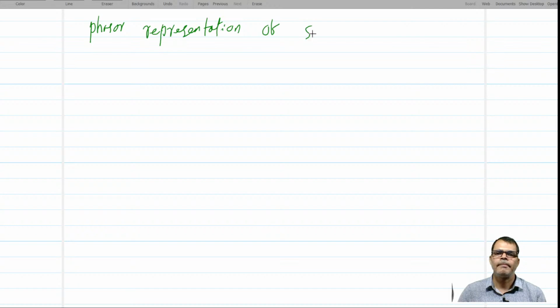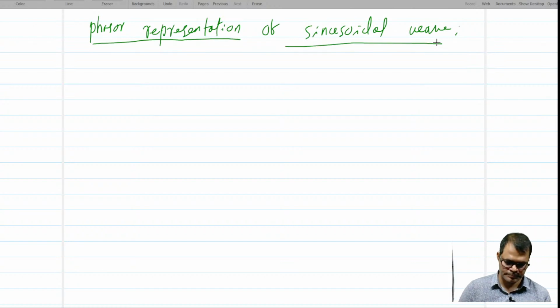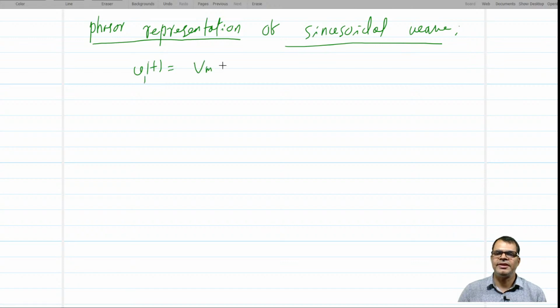Okay, fine. Now phasor representation. So in phasor representations, let's say you have been given V1(t) equal to Vm cos omega t, taking that as the reference. V2(t) equal to Vm by 2 cos(omega t plus 30 degree).